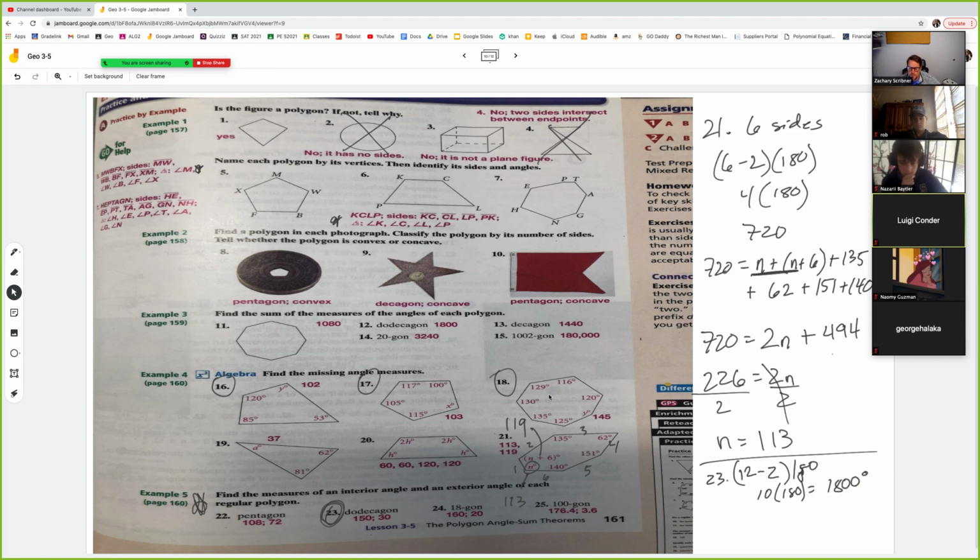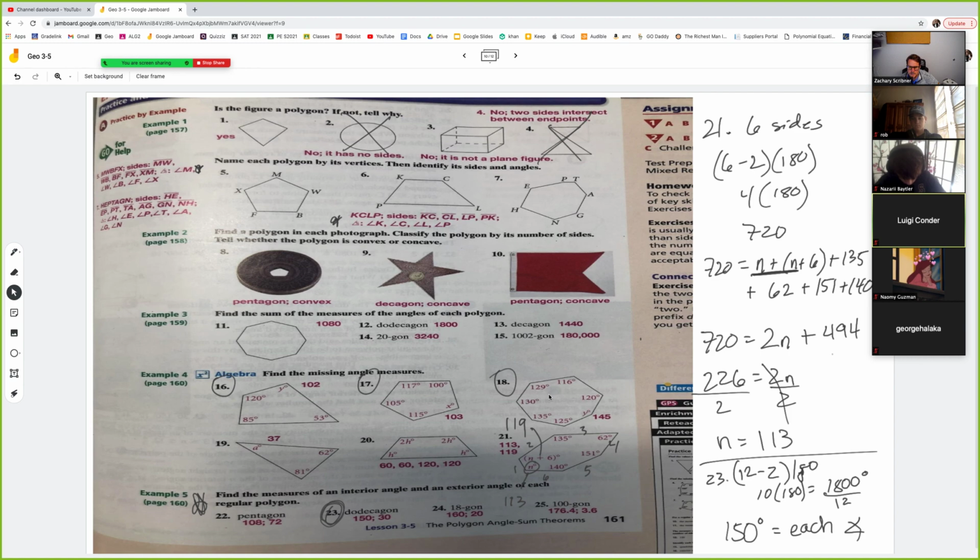But there's 12 sides, which means how many angles? Well, if you look here, 5 sides gives you 5 angles. 4 sides gives you 4 angles. So 12 sides gives you 12 angles. So 1800 divided by 12 gives you 150 degrees for each angle.